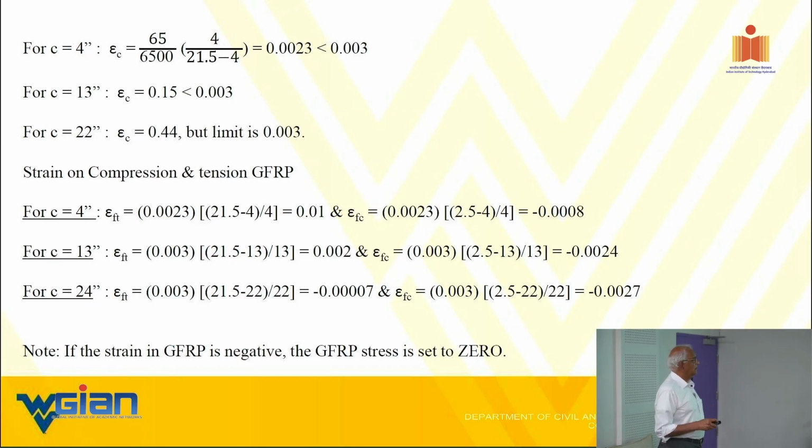Again, we can see, you remember those numbers, the C, and this is the modulus of FRP. You recall the strain compatibility equation? Good, good. So that's what I got. If the strain in GFRP is negative, the GFRP stress is set to be 0, meaning we are again saying GFRP does not take any compression strain, but that only happens at extreme values, okay? It may not even happen. Yes. But if at all it happens for a very high C value.